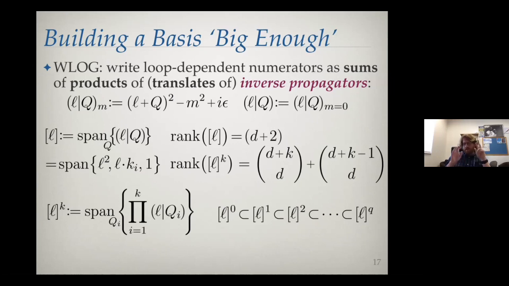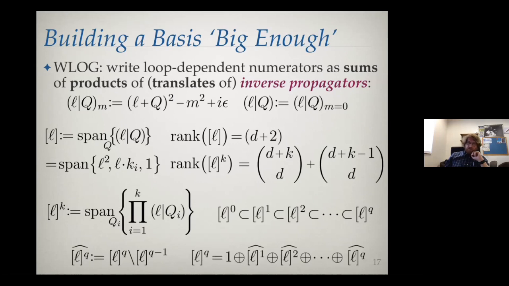I should put square quotes on it because it really has dimensions of mass squared. Doesn't matter. So you have this sequence of inclusions, and we're going to see several sequences of inclusions like that in this talk. And whenever you encounter a sequence of inclusions like this, it is very natural to define the complementary spaces. So to talk about the space of L1 that is not spanned by L0, which is only d plus 1 dimensional, and similarly for L2, etc.